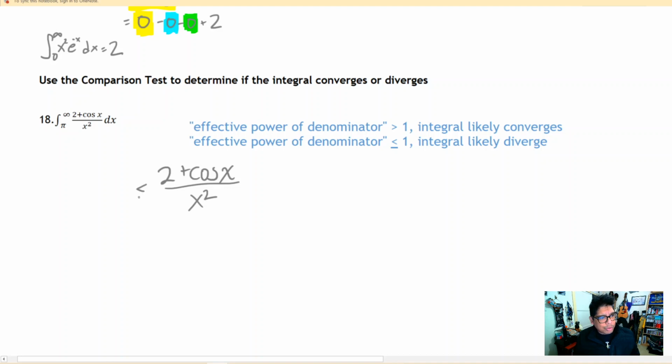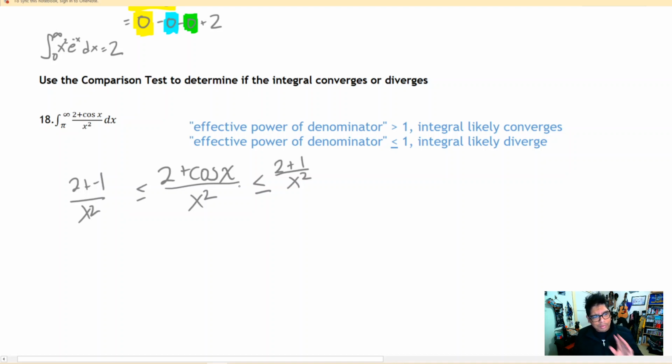So we're always assured that the function is always greater than 2 plus -1 over x squared, and it's also always less than 2 plus 1 over x squared. So in essence, when x gets really big, let's say even when x equals 100, 2 plus 1 and 2 minus 1 aren't really that far apart anymore. 3 over 100 squared is pretty much the same thing as 1 over 100 squared.